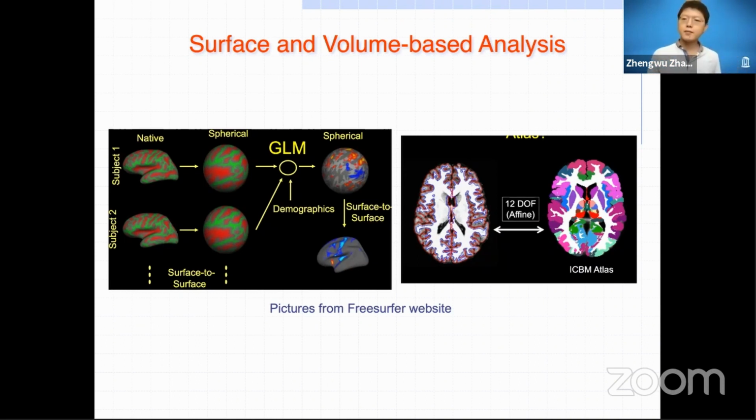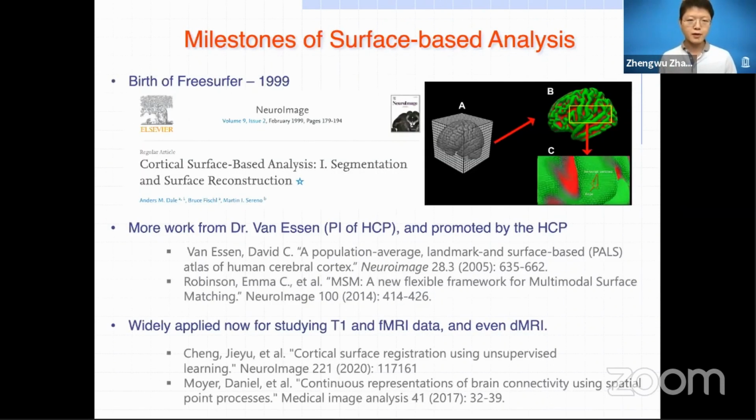Both of them have advantages and disadvantages. In this talk, I'm going to try to mainly motivate and promote the surface-based analysis. From the title, you can tell. So why? I'm going to give you a few reasons for that.